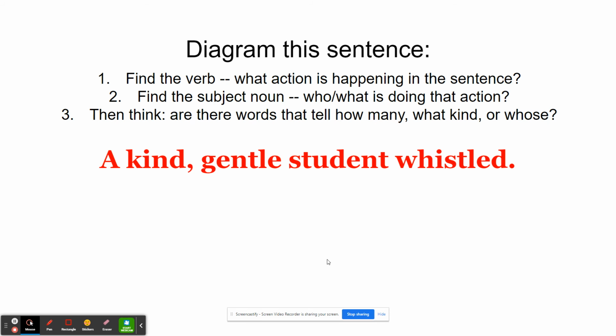So think, look for that core first. Just build that good habit. What action is happening? And then who or what is doing that action?